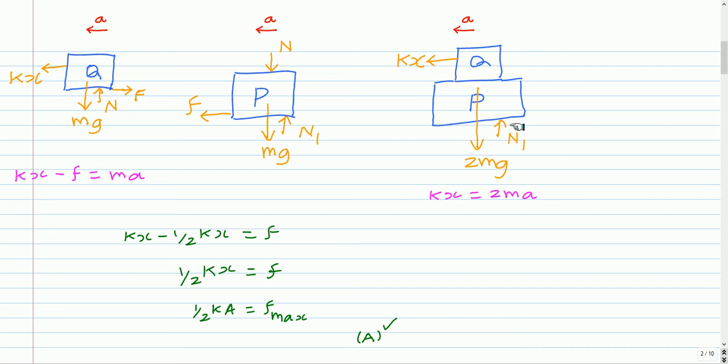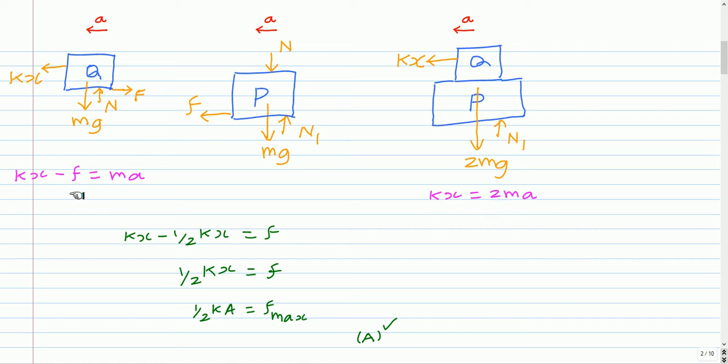Writing the force equation for the full system, we get kx equals 2ma, where a is the acceleration towards the left. Writing the force equation for block Q, the net force towards the left is kx minus f equals m into a.